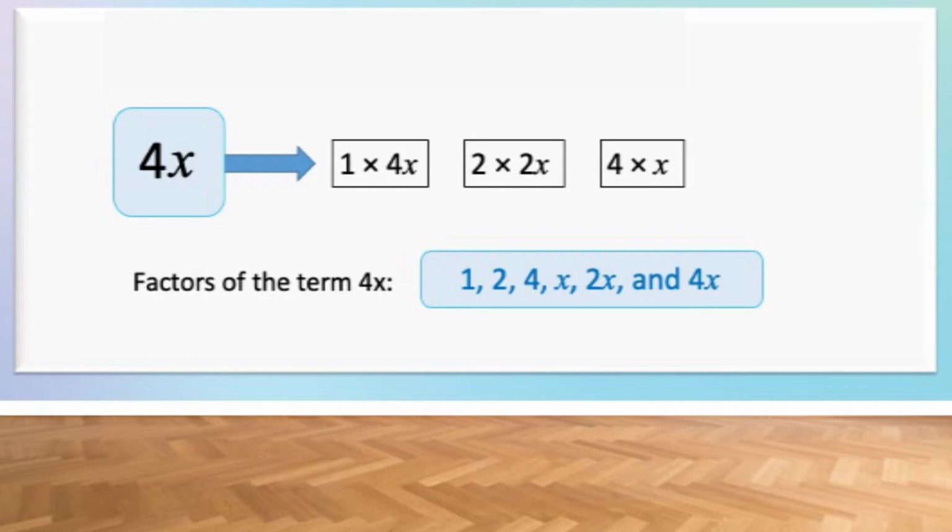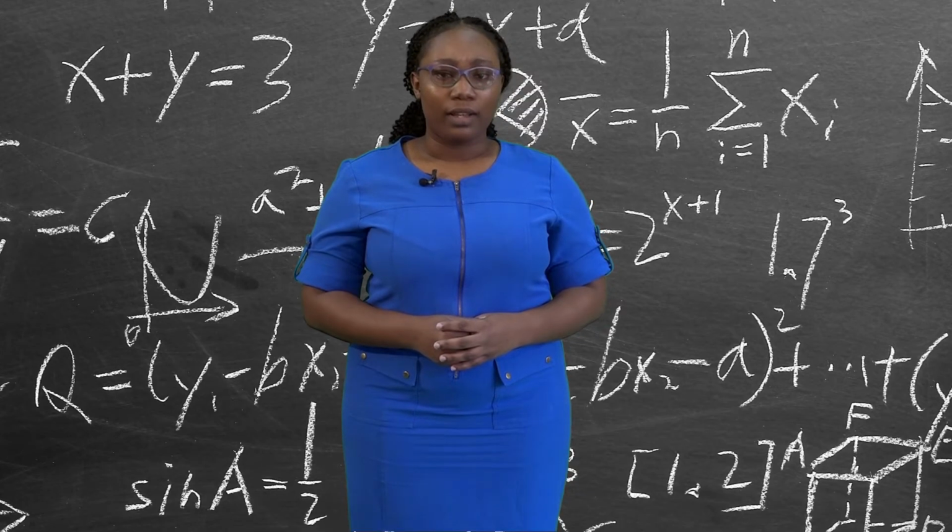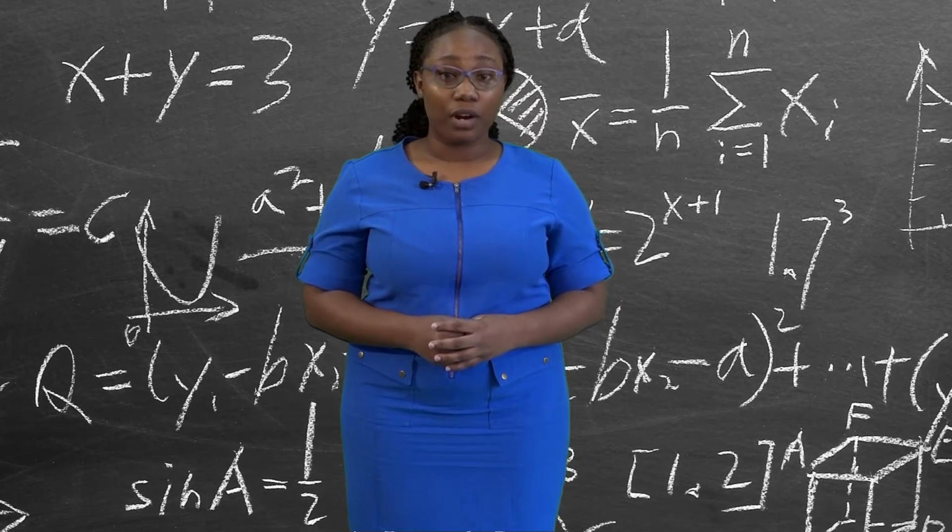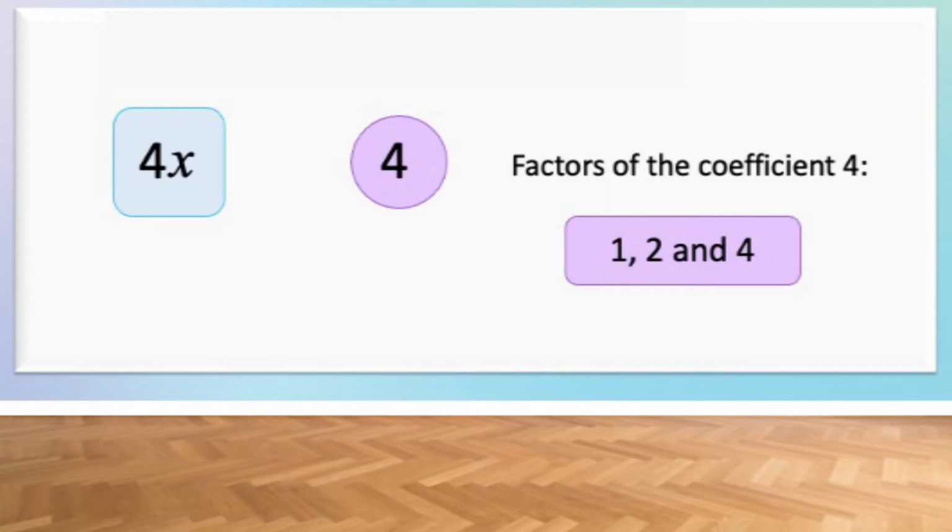Therefore, 1, 2, 4, x, 2x, and 4x are all factors of 4x. Nice. Now, can you find the factors of just the coefficient 4? Awesome. 1, 2, and 4 are all factors of 4.